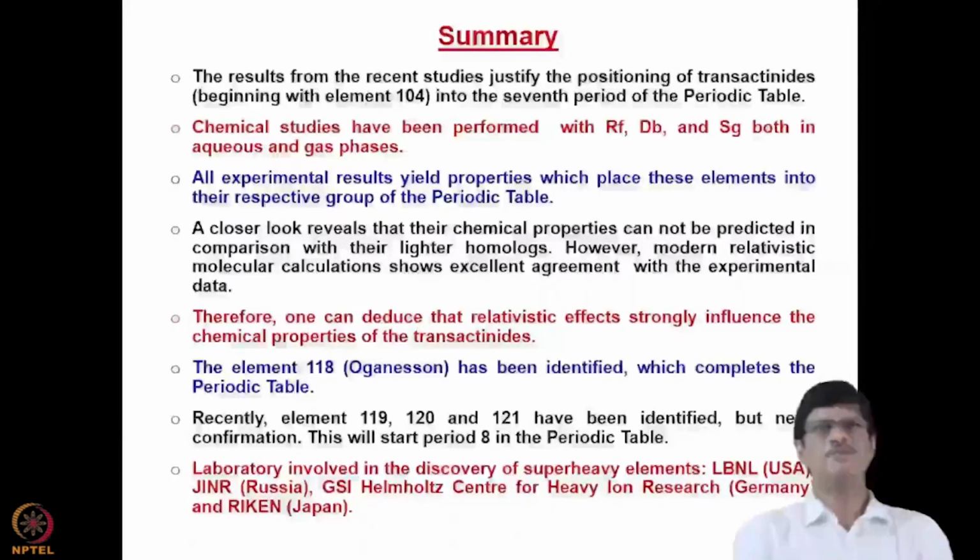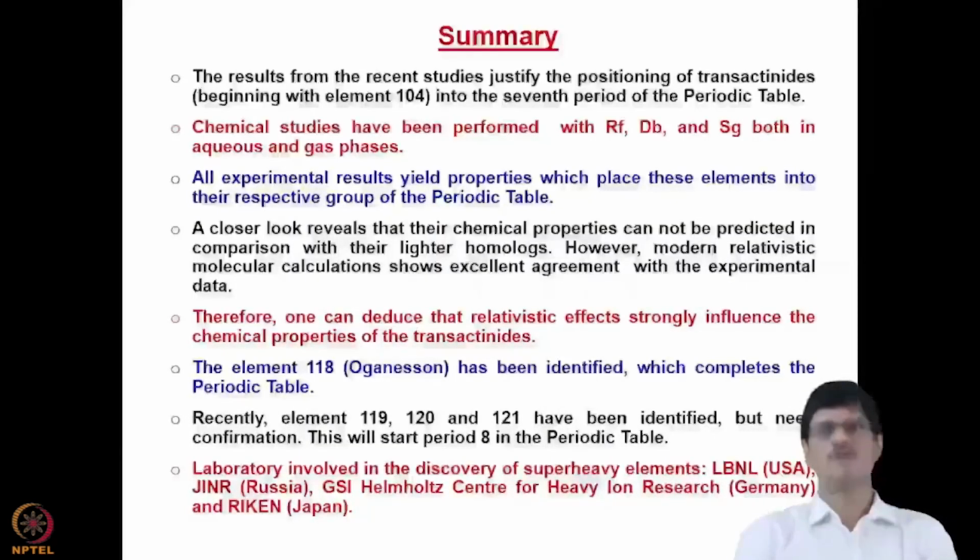To summarize, we see that the results from the recent studies justify the positioning of the transactinides, starting with element 104, into the 7th period of the periodic table. Chemical studies are performed with rutherfordium, dubnium, and seaborgium, both in aqueous as well as gas phase.